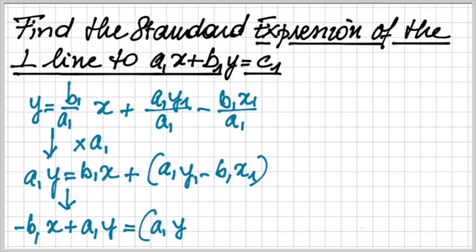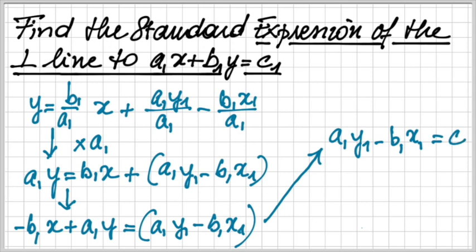And we bring b1x to the left-hand side, so we find the new equation, which is minus b1x plus a1y is equal to a1y1 minus b1x1, and this is basically equal to c. And we can now write the new equation where we have minus b1x plus a1y is equal to c, and that's the result of the calculation.